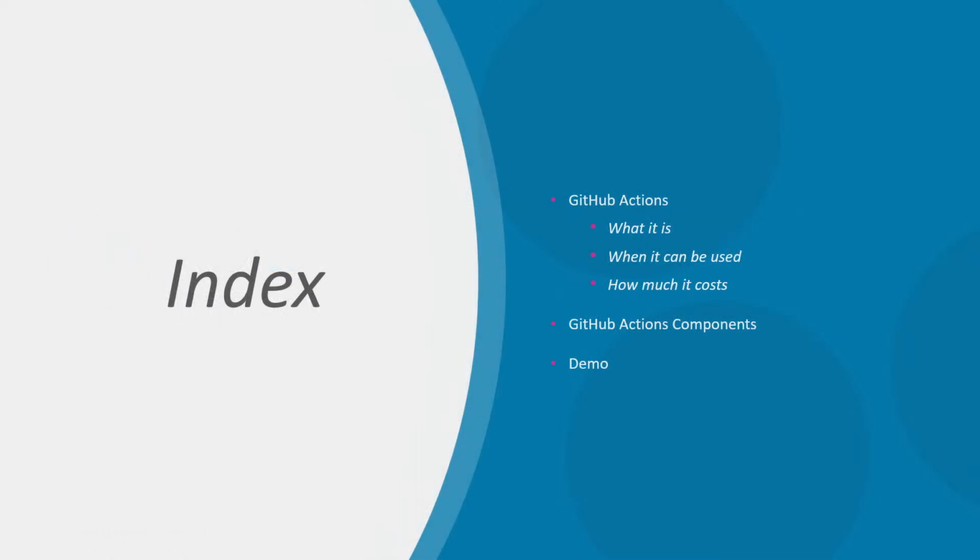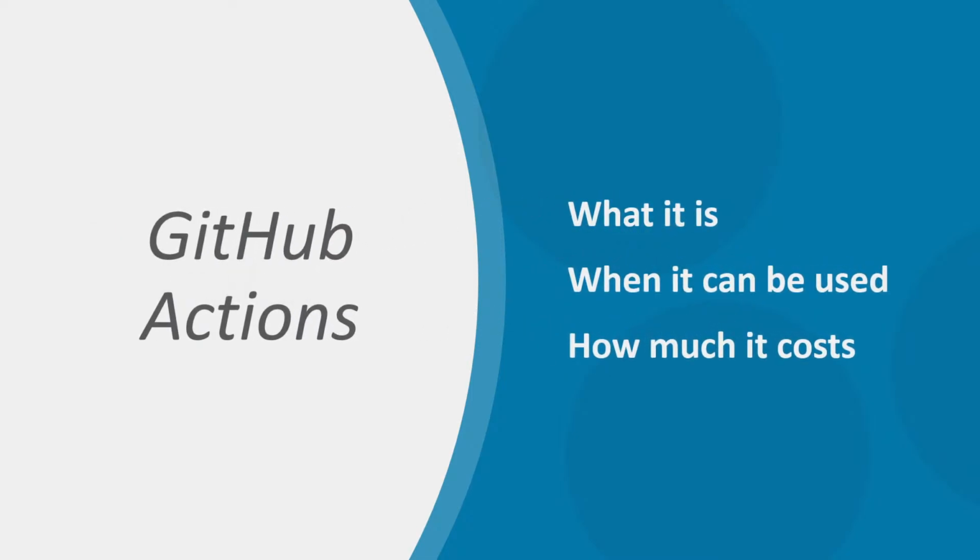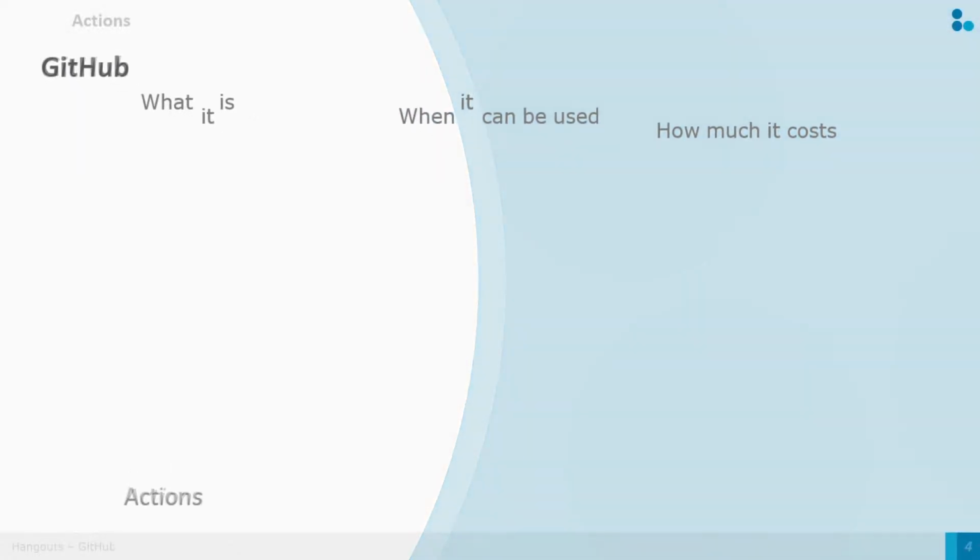So the index. I'll show to you guys what GitHub Actions is, its components, and then I'll be doing a demo for you guys. So first of all, what is GitHub Actions, when we can use it, and how much it costs.